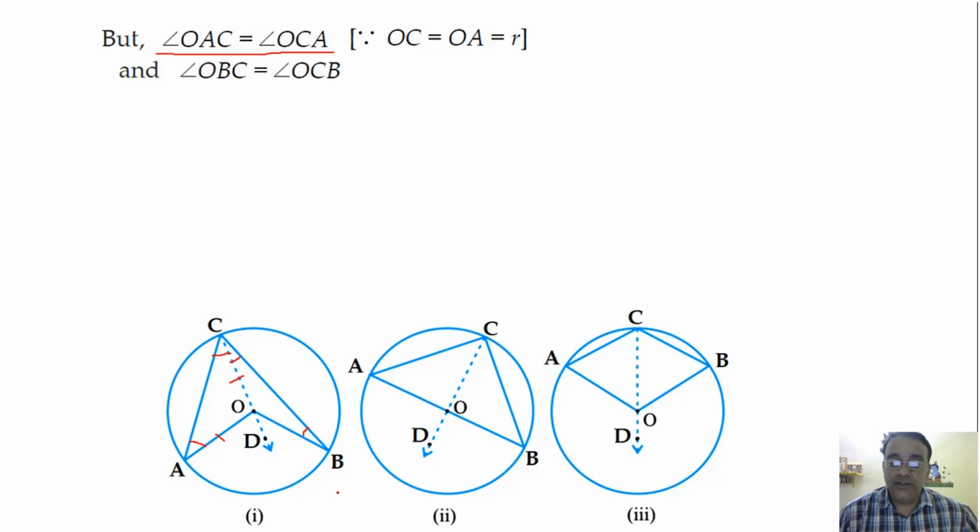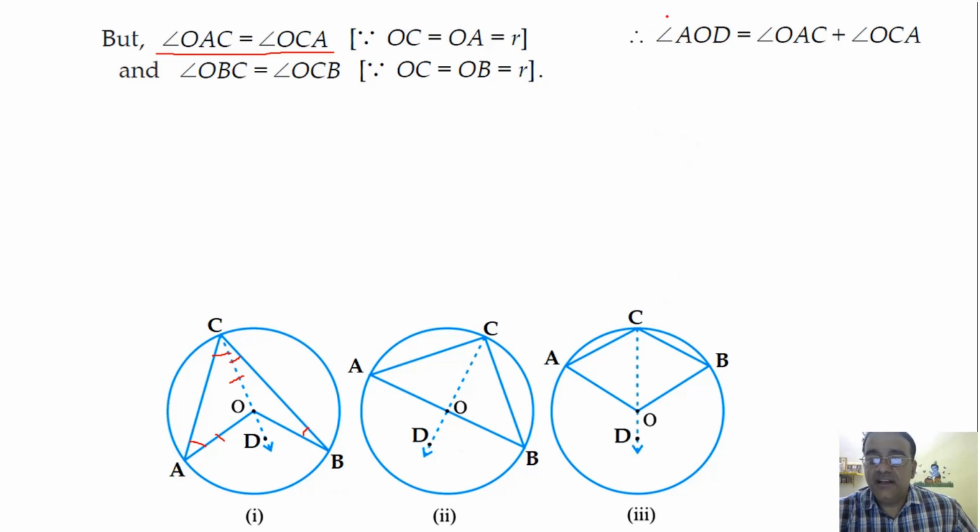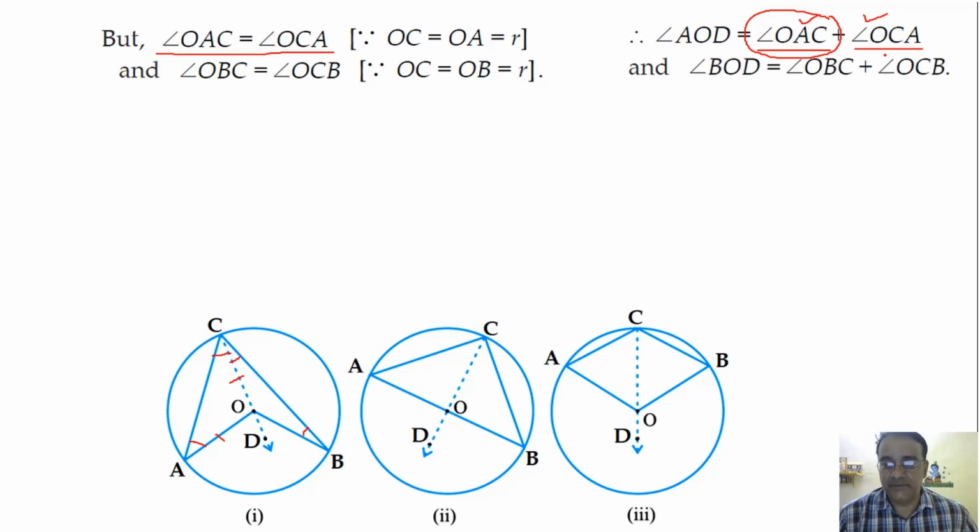Now, see, एंगल AOD जो है एंगल OAC प्लस एंगल OCA है और ये दोनों इक्वल है. राइट? So we can write this angle as angle OCA. So it will become 2 times.